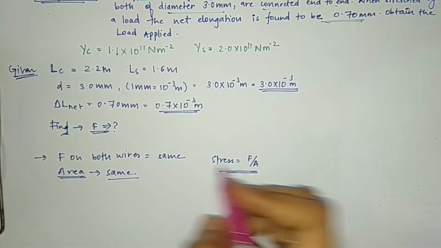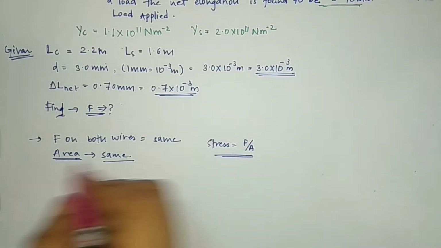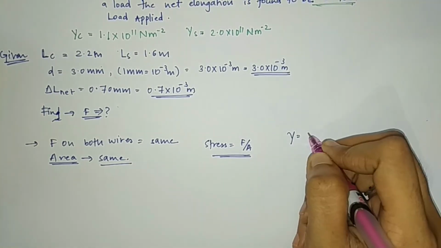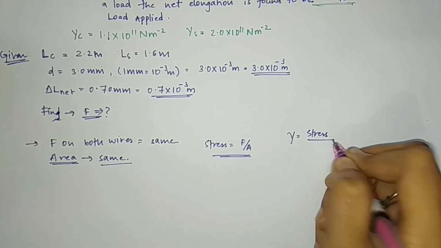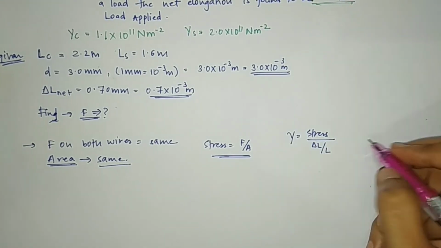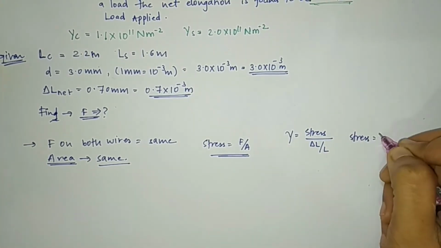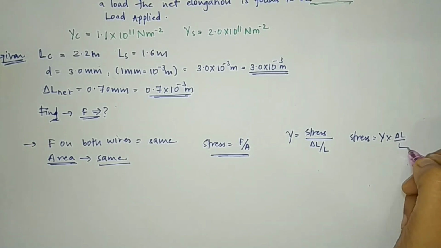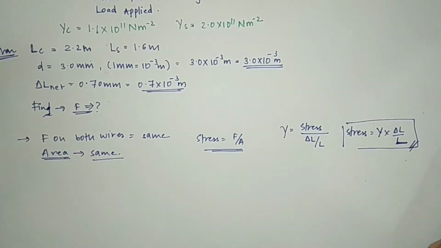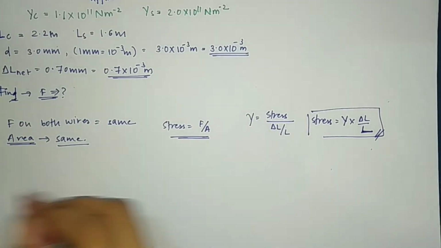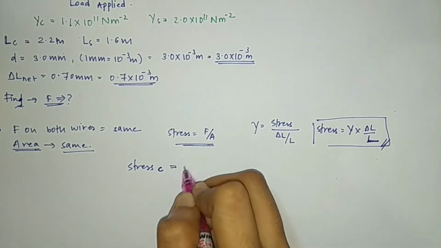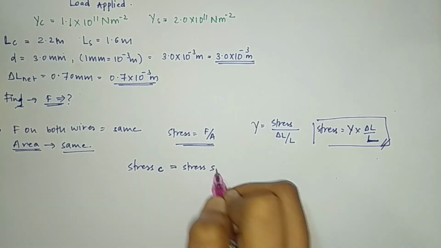So what is the formula? Stress is force by area. In terms of Young's modulus, what is Young's modulus? Young's modulus is longitudinal stress upon longitudinal strain, that is delta L by L. Because the stress is same, stress can be written as Y times delta L by L. The stress for both the wires, the steel and the copper wire, is the same, right? So stress for copper wire is the same as stress for steel wire.